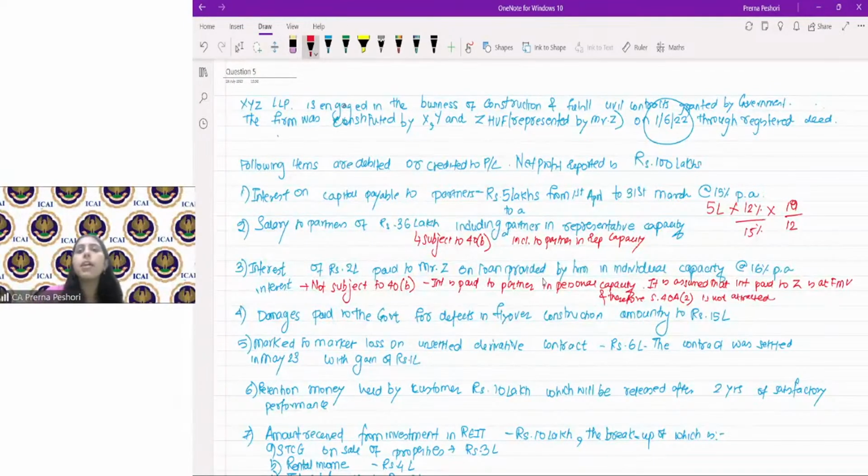So this is a related party, right? Because he is a karta of the HUF, and therefore interest paid by the firm to Z, who is a related party, is assumed to be at fair market value, and therefore 40A2 is not attracted. So there will be no disallowance under 40A2. This is how you will write in your exam.